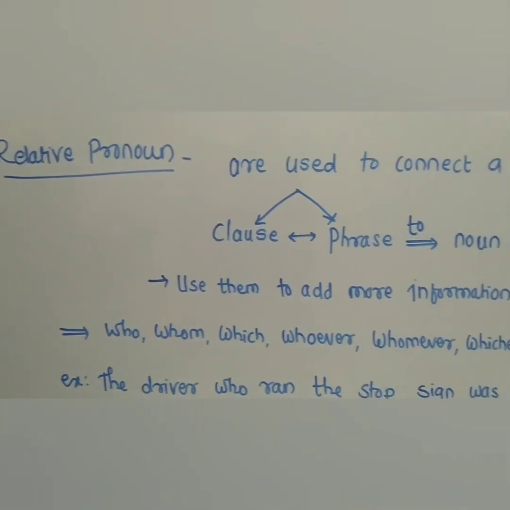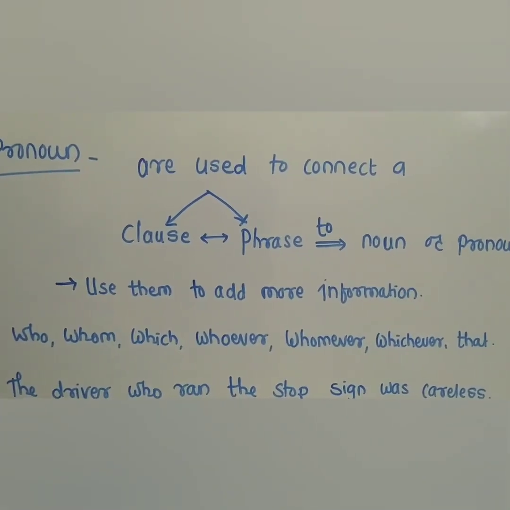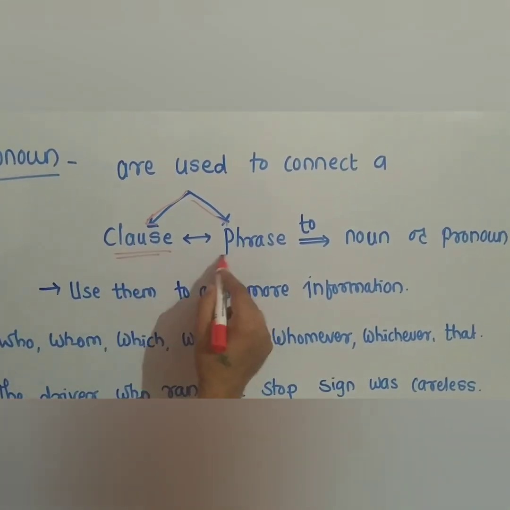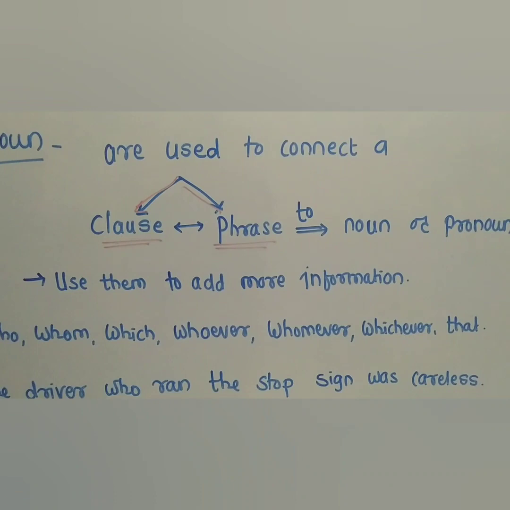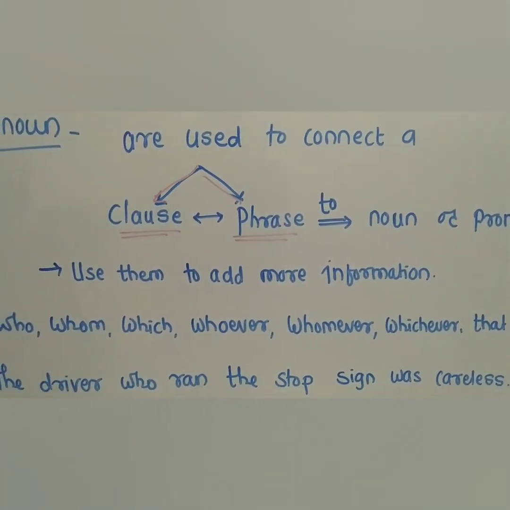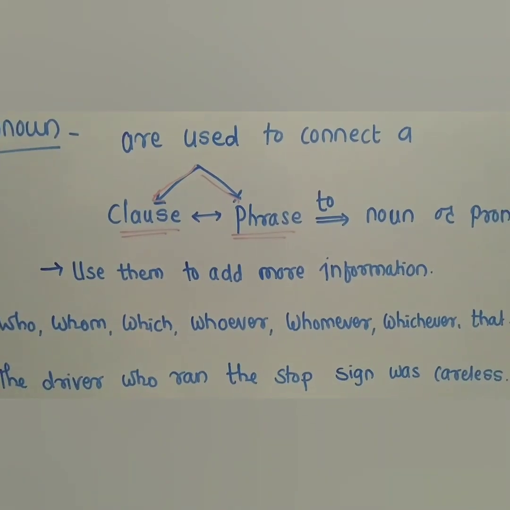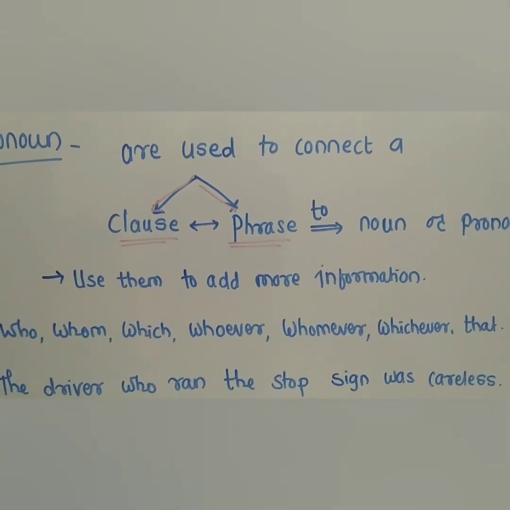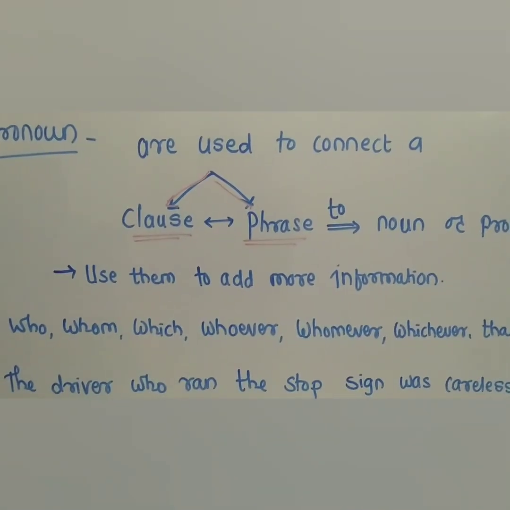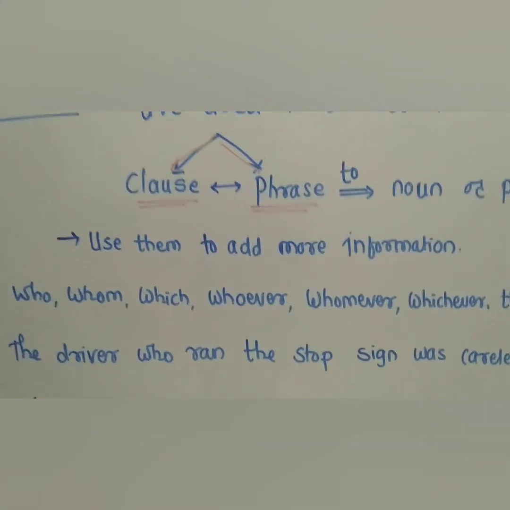Relative pronouns are used to connect clauses and phrases to nouns or pronouns. So these types of relative pronouns connect the noun and pronoun in the sentence. We can also use them to add more information.